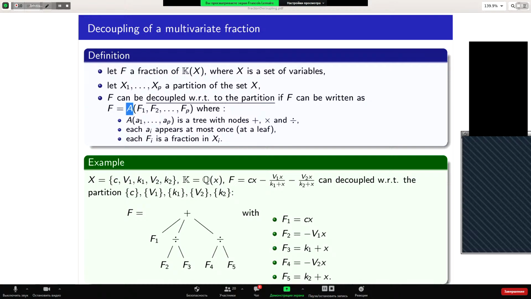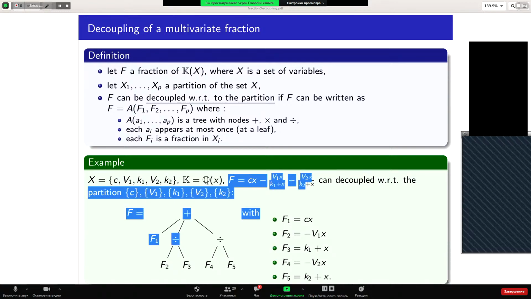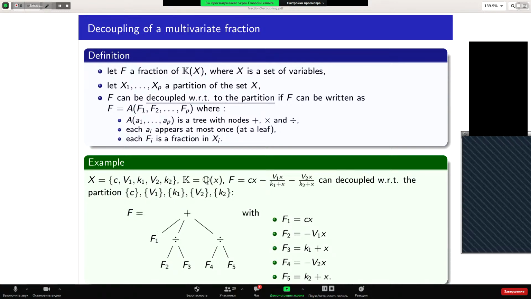So let's see on an example what this means. So this was the example at the beginning, the biology example. And in fact, this fraction f can be written as a sort of a mixed tree where leaves are fractions themselves.